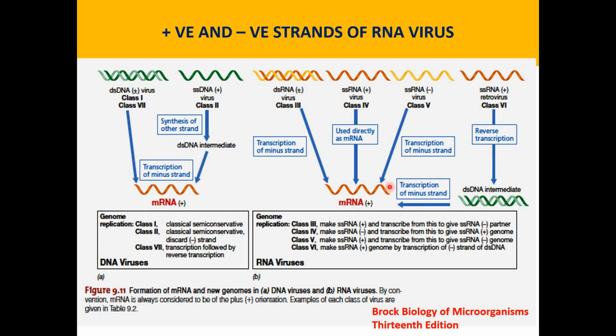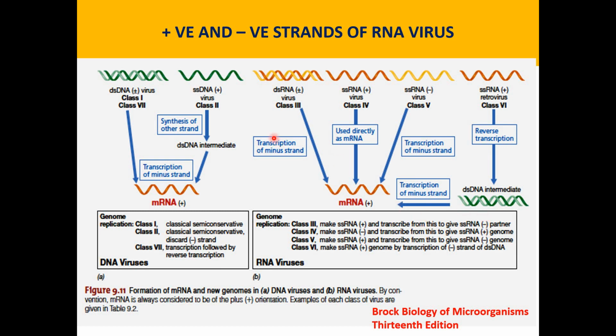And now, how does the negative strand of RNA become the positive strand of RNA? By simple replication. We all know that if our DNA is replicated, it forms a complementary strand of DNA. Similarly, if an RNA is replicated, it forms a complementary strand of RNA, and that complementary RNA is called the positive RNA. So now this is a double-stranded RNA virus, which means there are two strands.